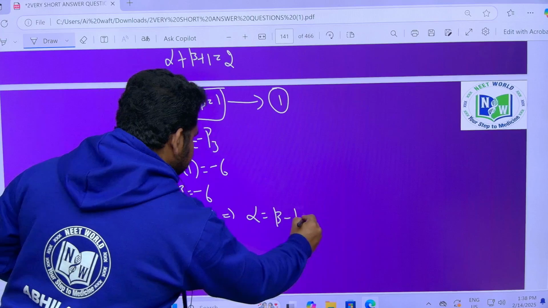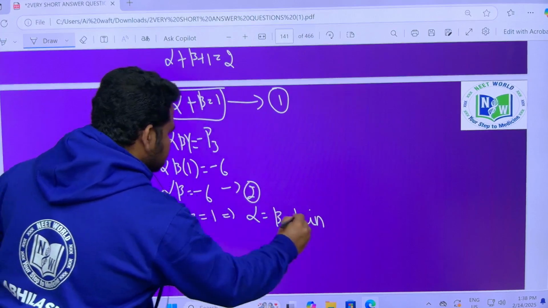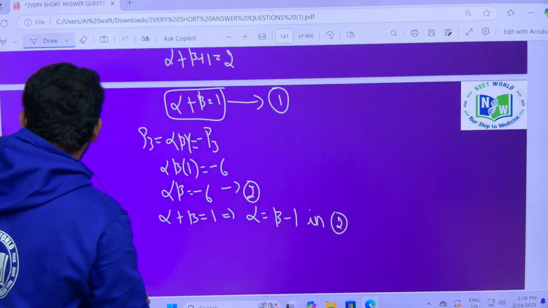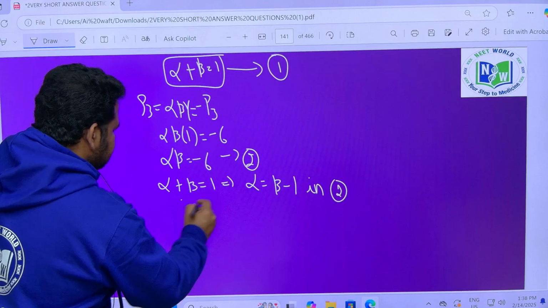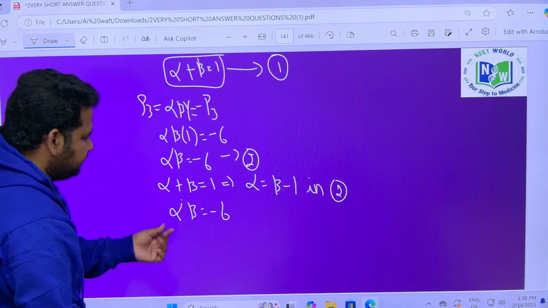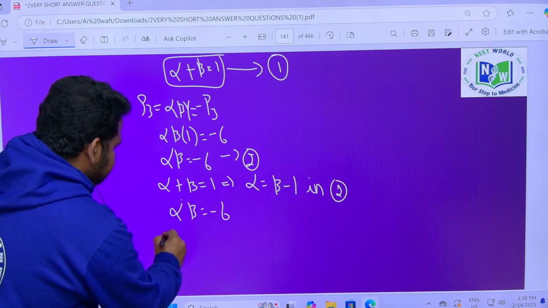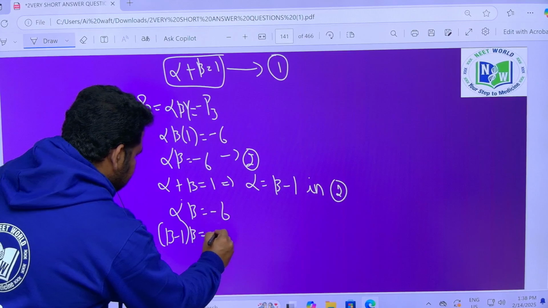Let this be equation 2. In equation 2, what do we get, friends? Alpha beta is minus 6. So wherever alpha is there, I should put beta minus 1. So beta minus 1 into beta is equal to minus 6.